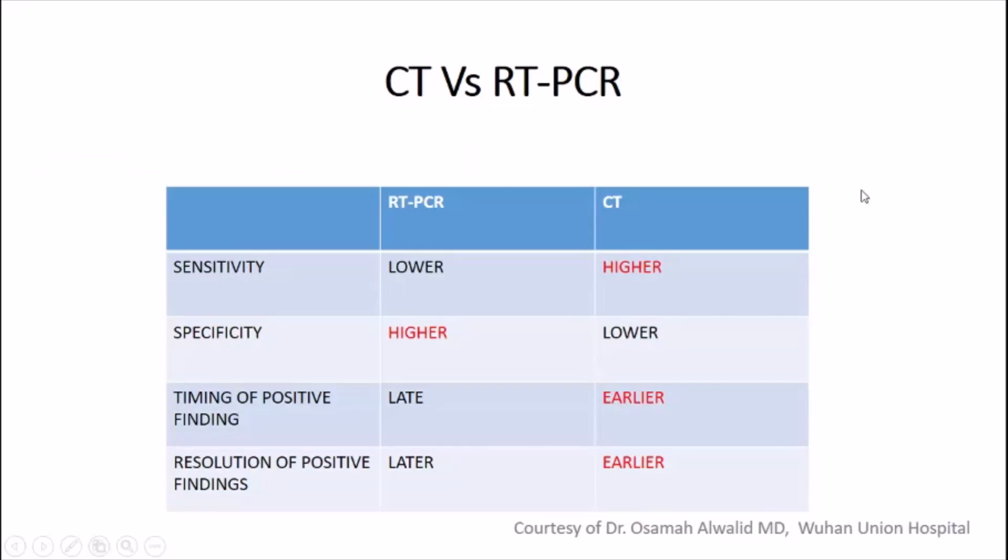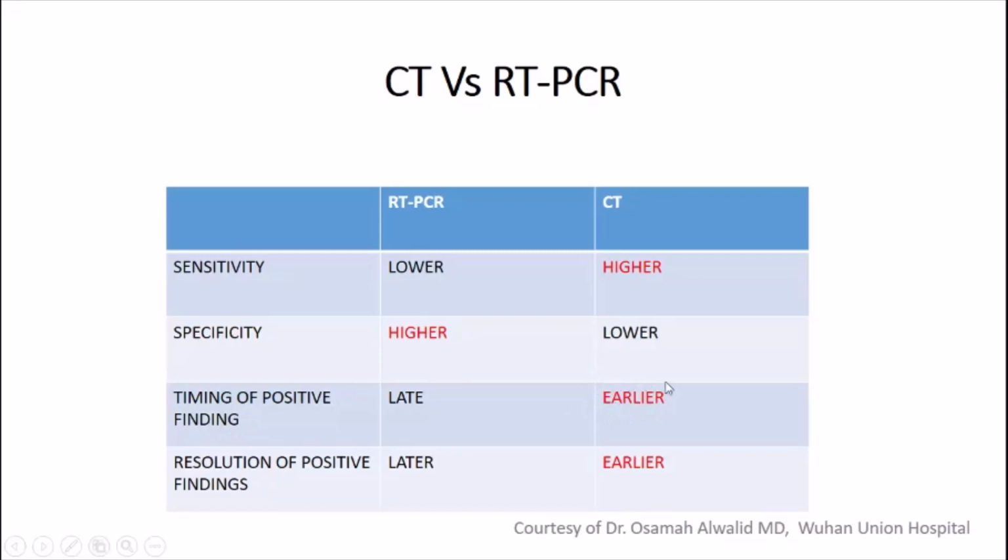This is courtesy of Dr. Osama from Wuhan. I thank him for giving me the permission to use his table and some of the figures. So CT has a higher sensitivity and PCR has higher specificity, but what's more important for us, I think, is also the timing of the positive findings.